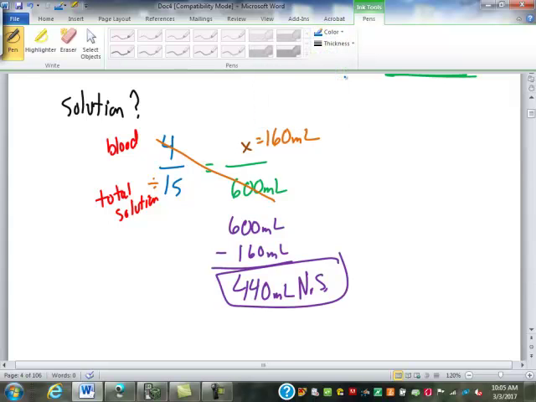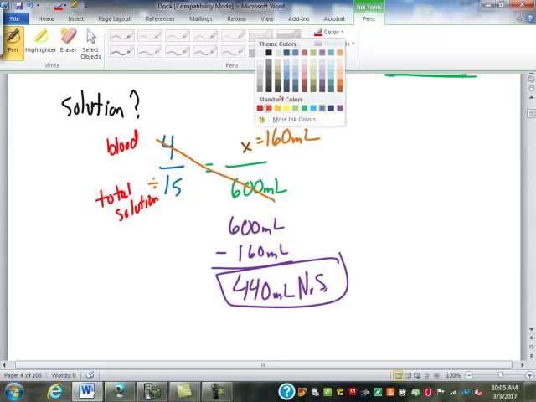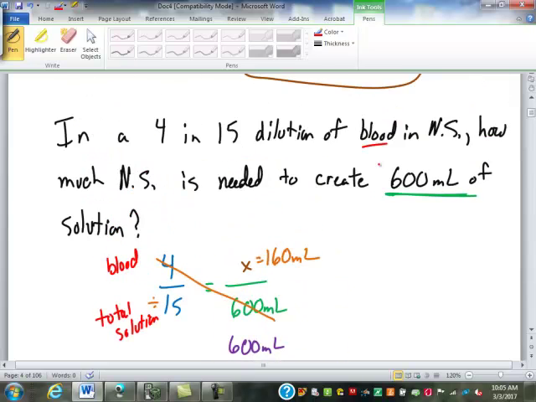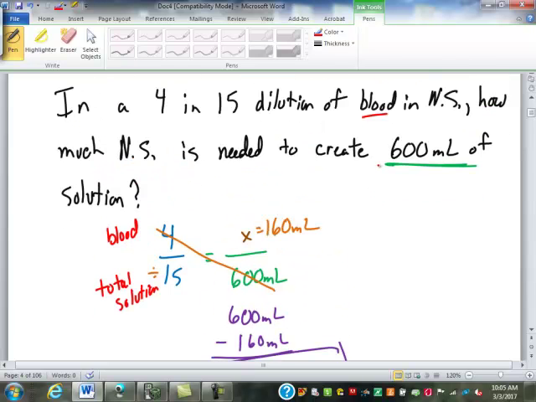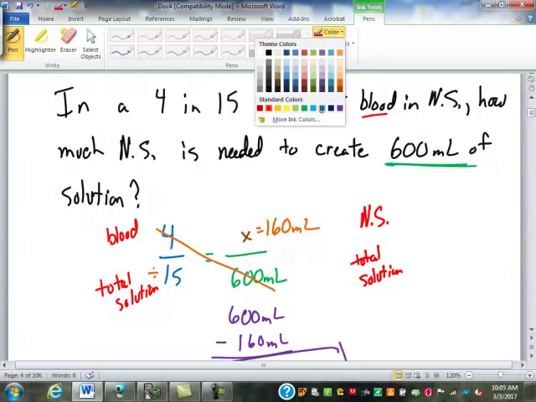The other way we could have approached that is, rather than the ratio of blood to total solution, we could look at the ratio of water, NS, to total solution.